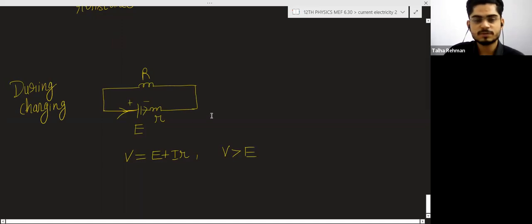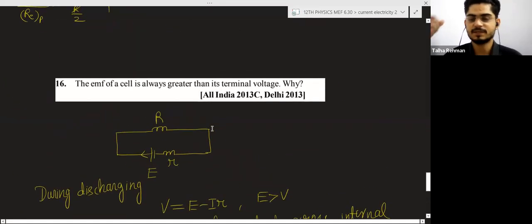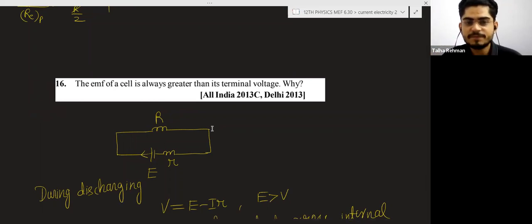So this question should be asked like this, I will suggest. Is the EMF of a cell always greater than the terminal potential? If so, then give the reason.